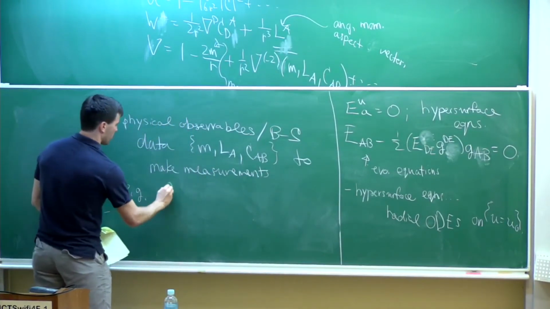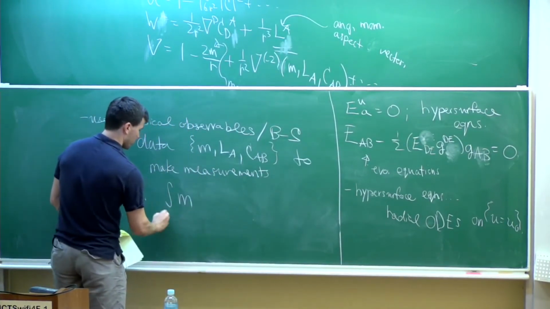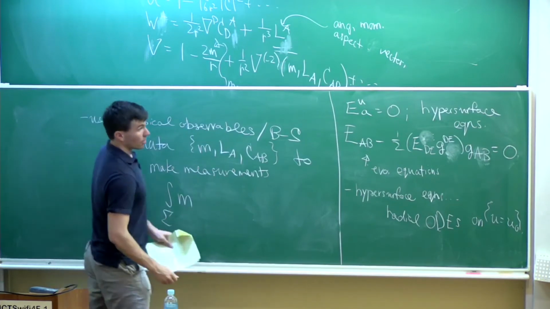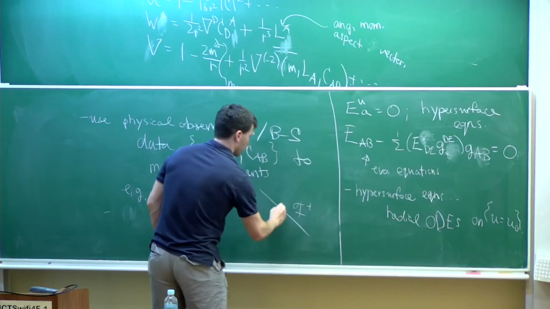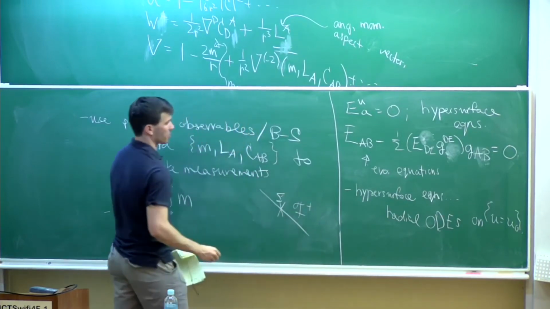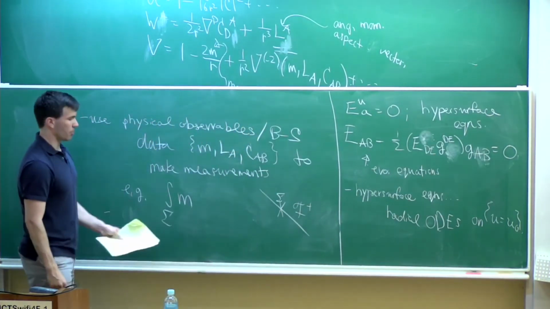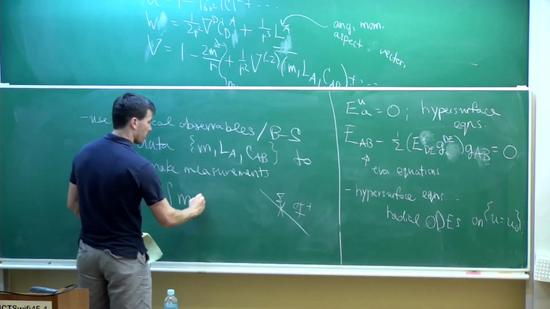For example, the Bondi mass, for a particular section at null infinity, a particular cross section: take some surface, integrate the mass aspect function over it, and we find this Bondi mass.